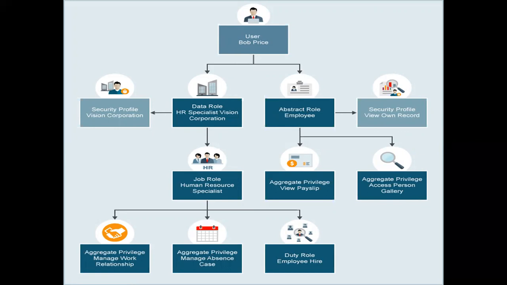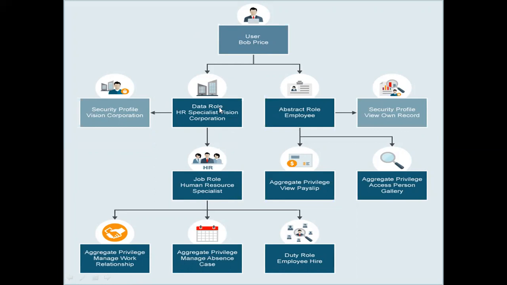That means he's been given those privileges, the data access privilege, and a lot more responsibility as an HR specialist. The duty roles provide access to the tasks and functions that a human resource specialist performs. So this is a bigger role.